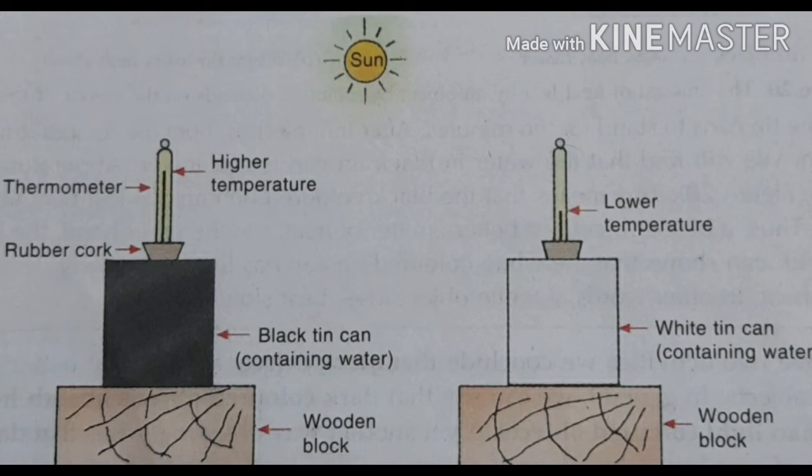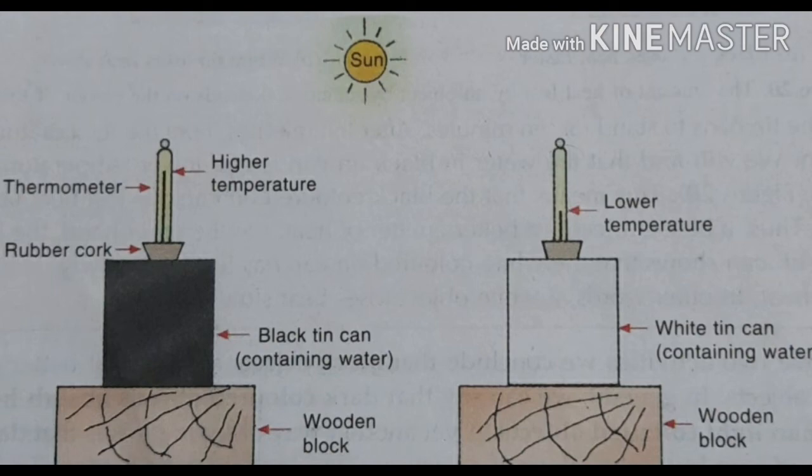Then place both the tin cans in bright sunshine for 1 hour. The heat radiations of the sun will fall equally on both the tin cans. After 1 hour, note down the temperatures of water in both the tin cans again.